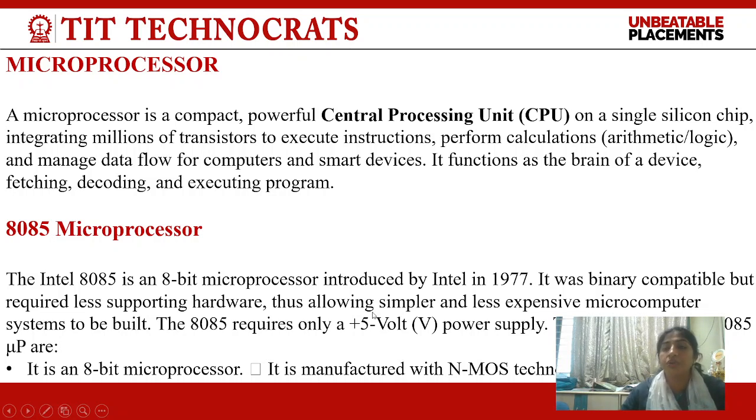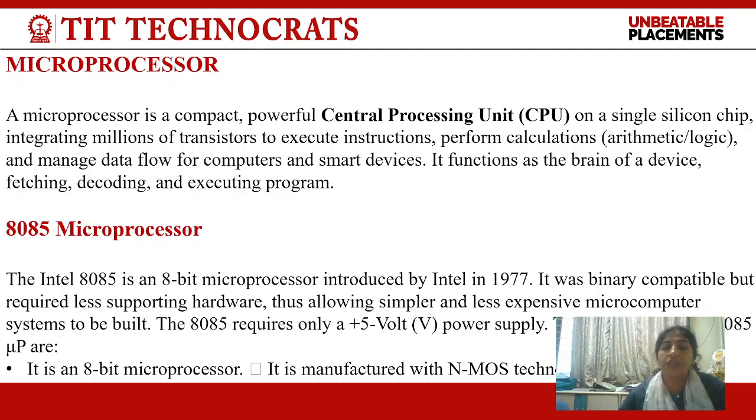Whatever instruction you put, it is going to create the opcode in the binary domain, and accordingly it is going to fetch. And it requires very little hardware because it's a single chip per processor, but it is connected to multiple devices for execution of a particular circuit.